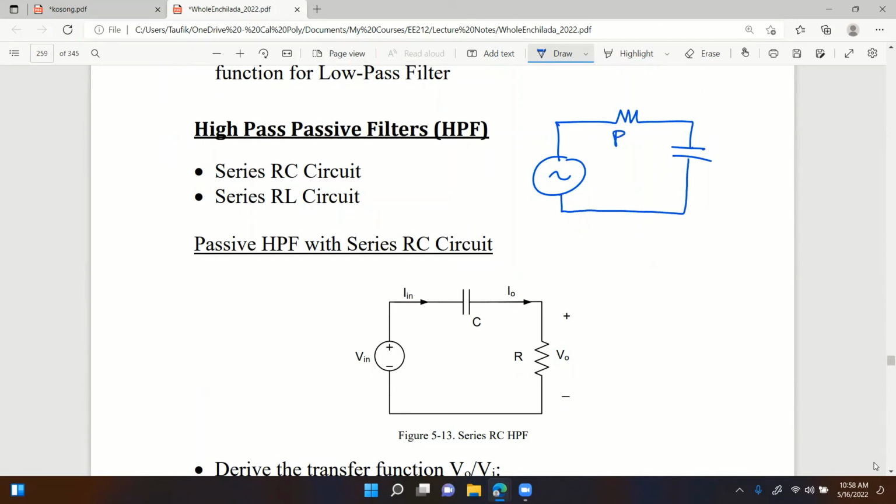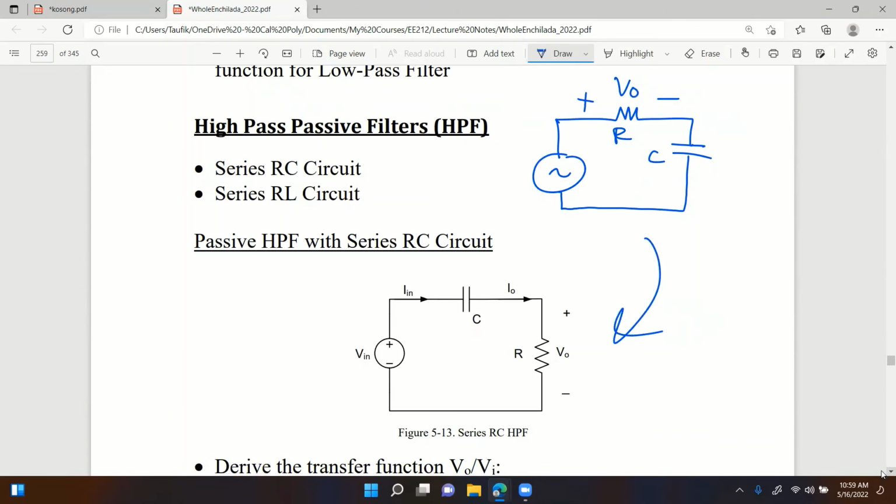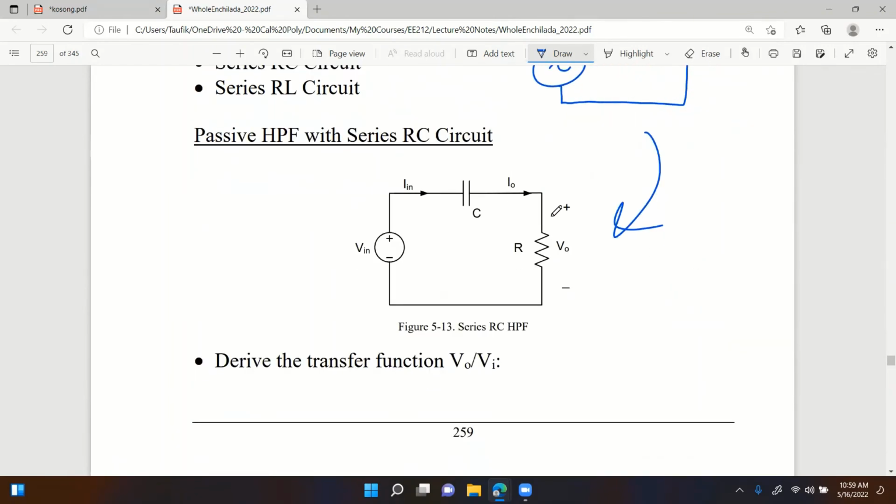And this RC circuit is a low pass filter if I define the output voltage across C. This is important because if you somehow made a mistake and, instead of defining the output voltage across C, you put it across R, right there, then you will not have a low pass filter. What you have is a high pass filter, which is right here. See this? So it's a high pass filter.